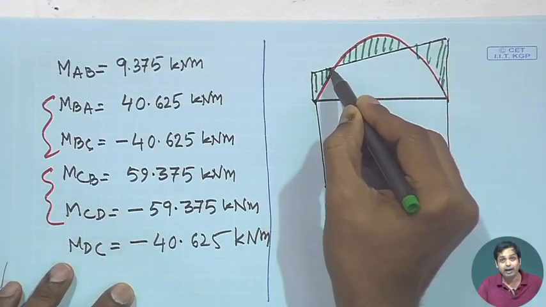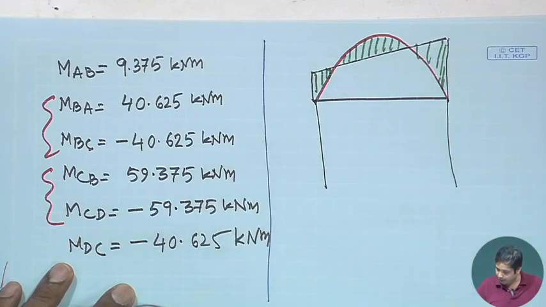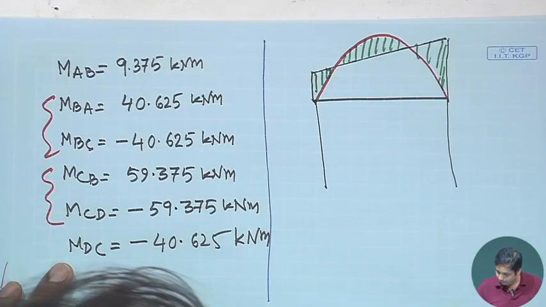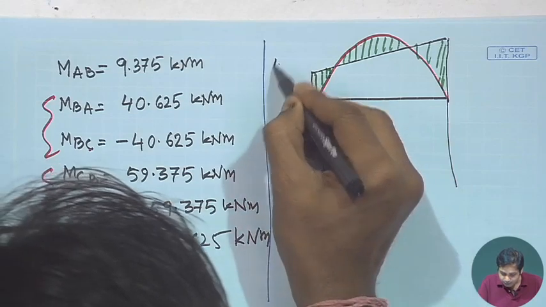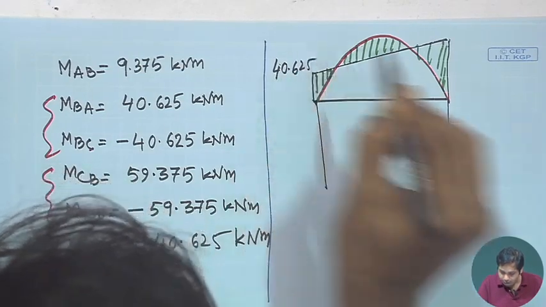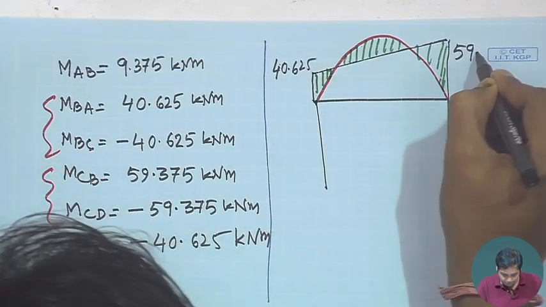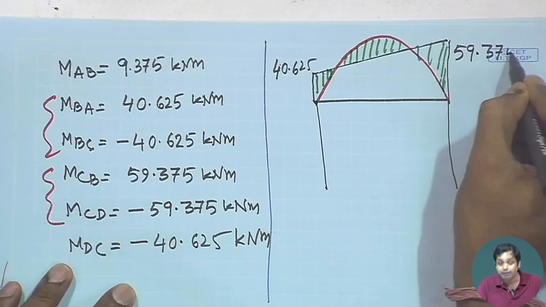Okay, this part is negative, this is negative, and this is positive. And similarly, the bending moment for this is 40.625, this is 59.375.